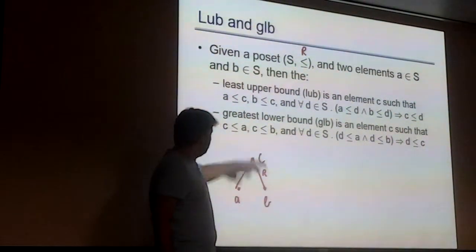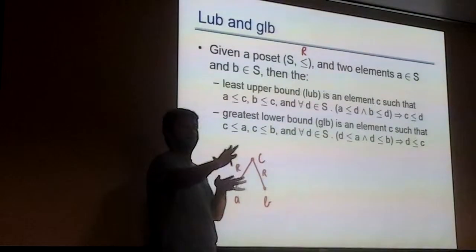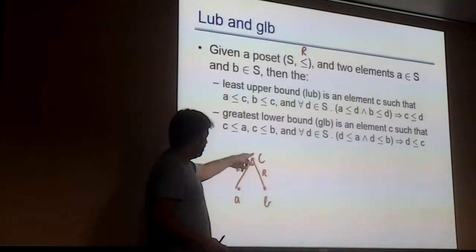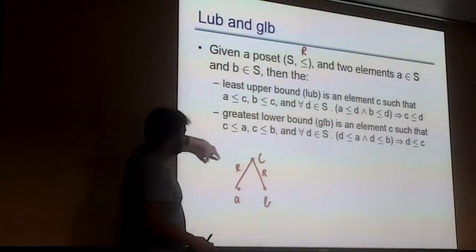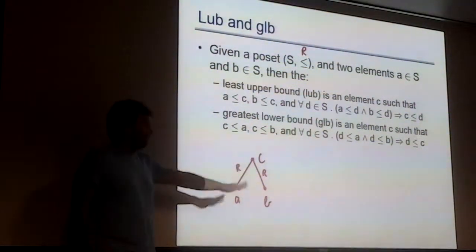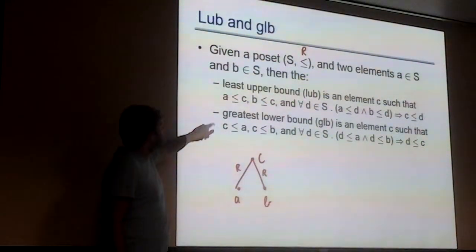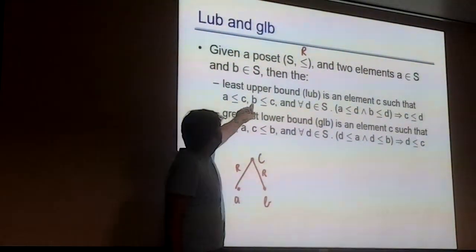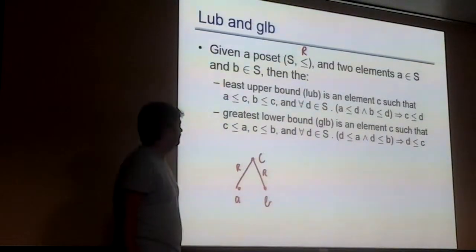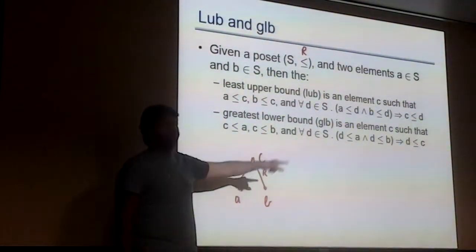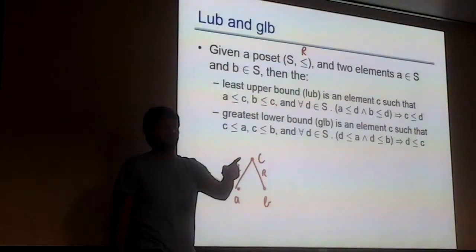No, sorry. Totally wrong. It's actually ARC, right? So ARC means that A is less than C. And BRC. Okay? So this is ARC, BRC. Cool. So C is an upper bound, but on top of that, C has to be the least upper bound.